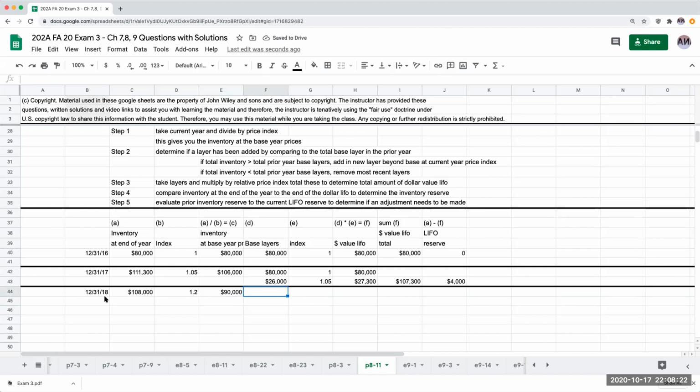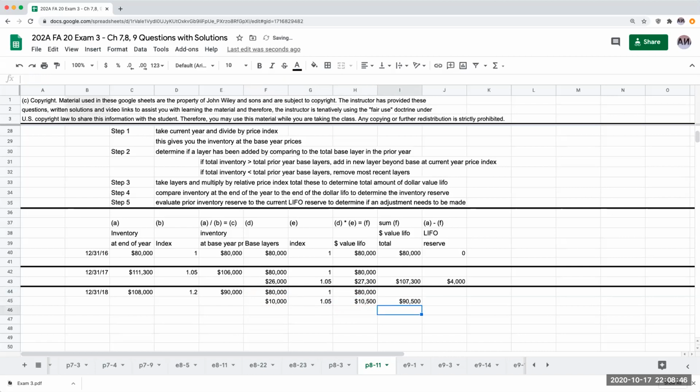I didn't add a layer. Rather, I'm removing part of one. And since I'm doing LIFO, I'm going to get rid of this part first. So I'm going to keep my base layer here, and then I'm going to go 10,000. I don't use the current layer of 1.2 because I'm not adding, I'm reducing. So I'm taking it from here. So I'm going to use this 1.05.